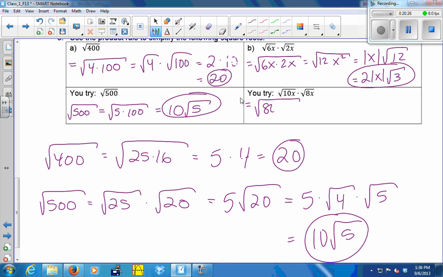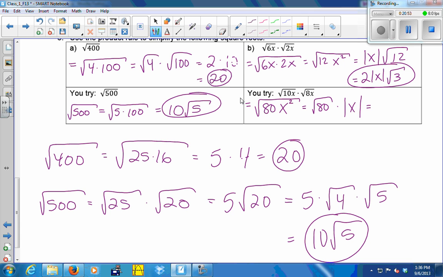Yeah, so I get 80 x squared. Okay. And then I can take the square root of each of those separately. So I get the square root of 80 times the square root of x squared, which is absolute value of x. Good. And then 80, is there any perfect square number that divides into 80 evenly?